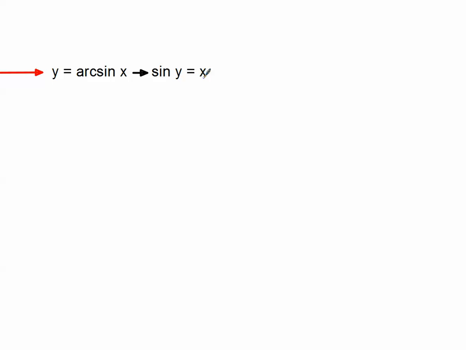So if we want the derivative, our goal here is to find dy dx, or rather prove that dy dx is what it is. We don't know the derivative of the arcsine x function without looking at that list, but we do know at this point the derivative of the sine function. So I'm going to take the derivative with respect to x implicitly, taking the derivative of both sides.